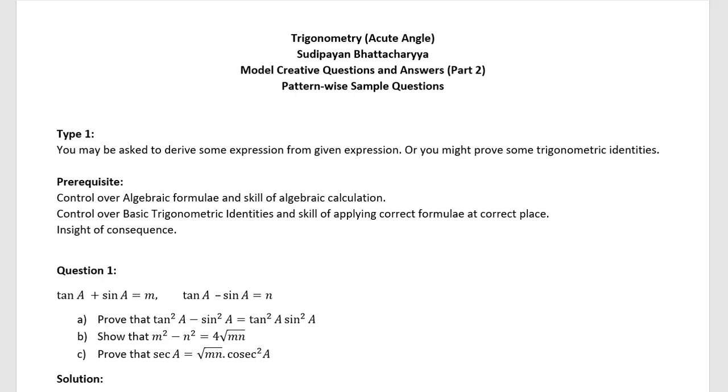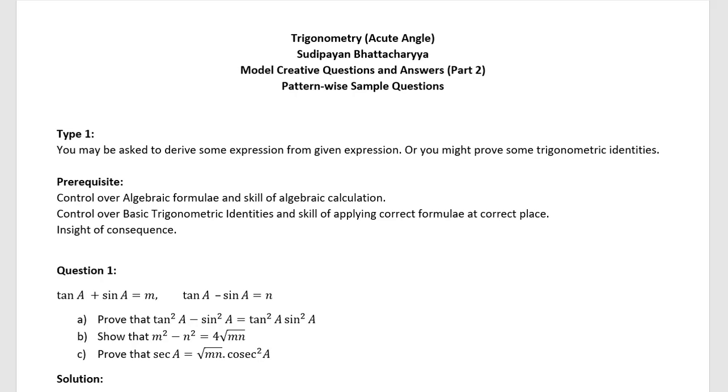And you have to be skilled in basic trigonometric identities, and skilled in applying the correct formula at the correct place. So it will need some practice for developing this kind of skill.